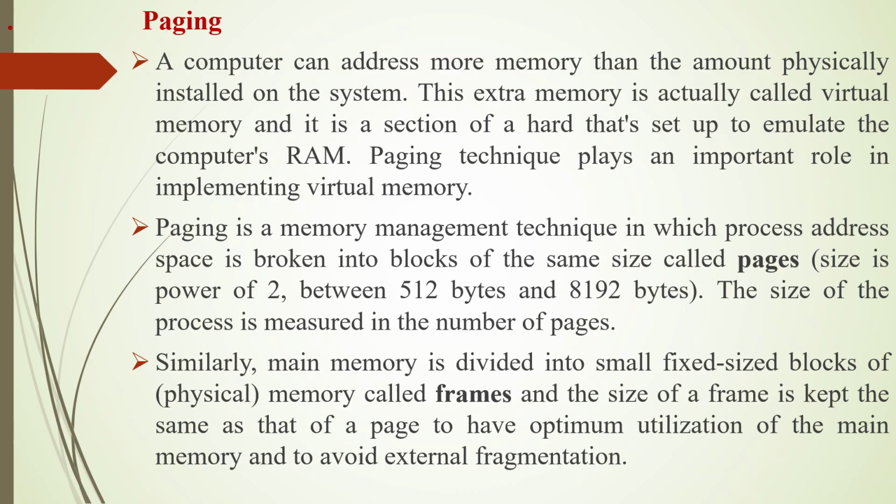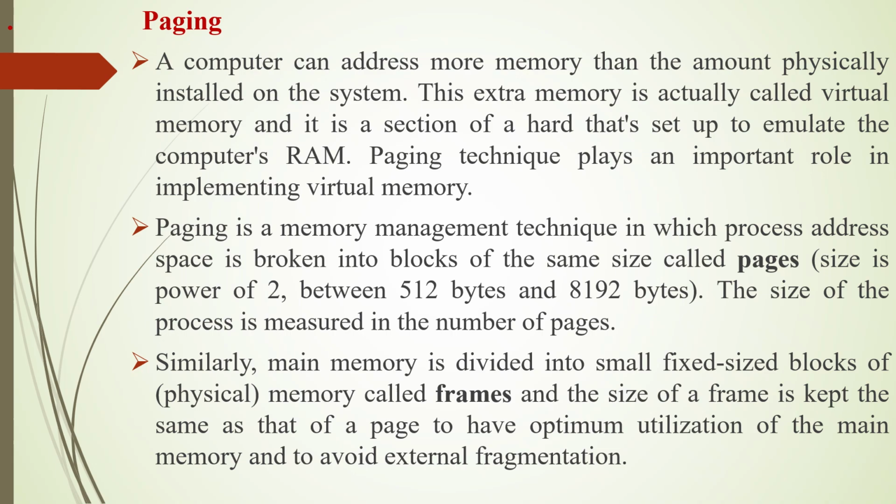To efficiently manage virtual memory, the operating system uses a technique called paging. In paging, the memory required by a process is divided into small fixed blocks called pages. The size of each page is always a power of 2, typically ranging from 512 bytes to 8192 bytes.